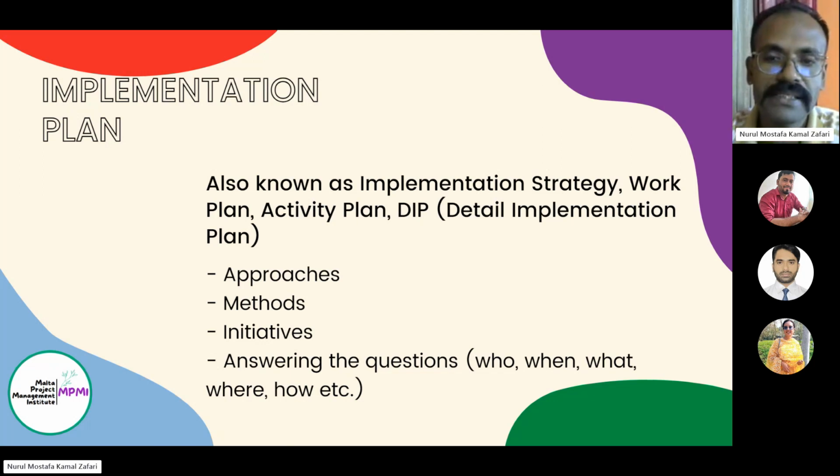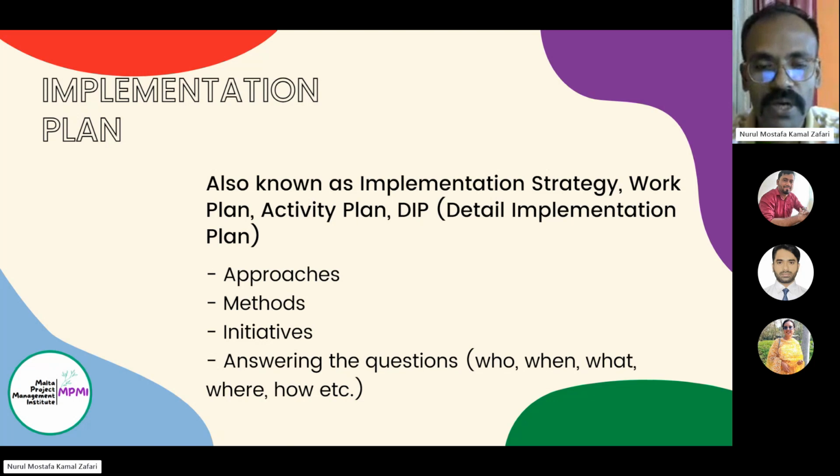Implementation plan is an interchangeable term, but it may also be called implementation strategy, work plan, activity plan, or DIP. DIP is a little bit tabular and numerical, like a Gantt chart. Sometimes it is interchangeable with the implementation plan, but not all the time.